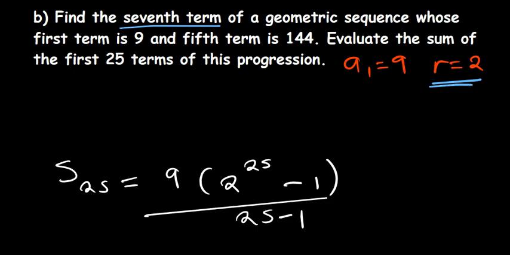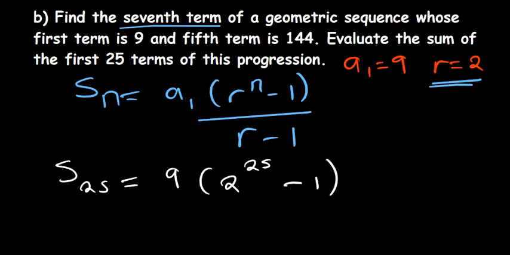So what do we have? On the bottom, for S25, we can simplify the numbers, 2 to the power 25, which I'll leave to you to simplify. Actually, what have I done here?